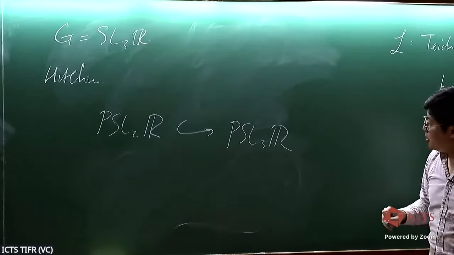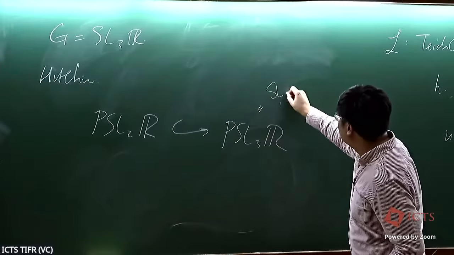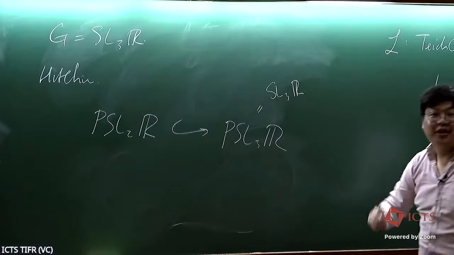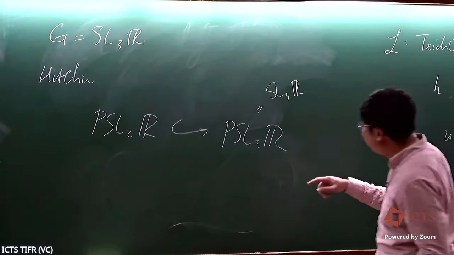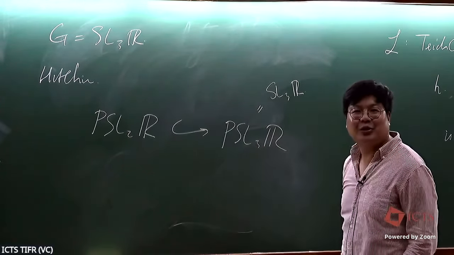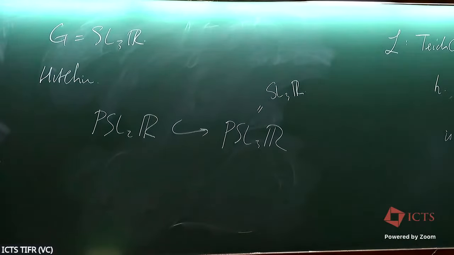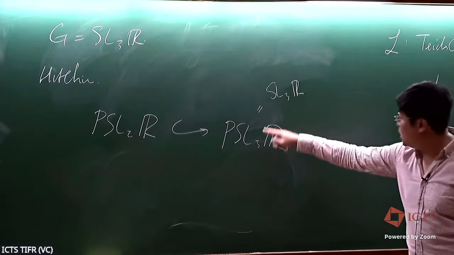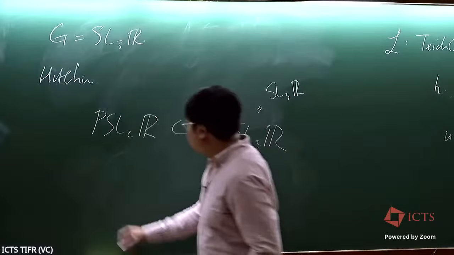The important remark is that PSL3R, by the way, is the same thing as SL3R. I taught linear algebra with wonderful reviews last year, and of course, you teach students determinants and so on. So in SL3R, minus the identity is not in SL3R. Okay, so PSL3R is the same thing as SL3R. And let me call this iota then.